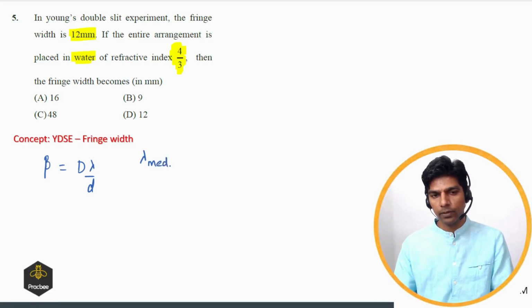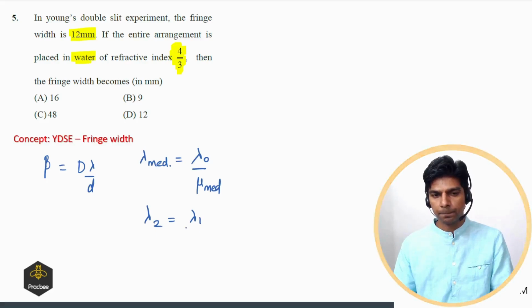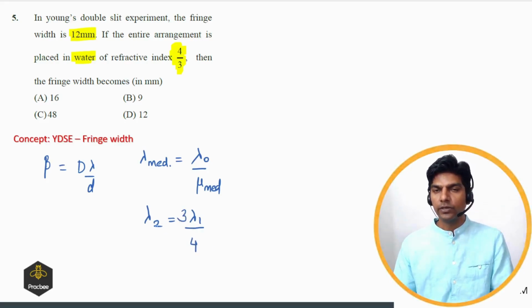So lambda in medium is equal to lambda in vacuum divided by the refractive index of the medium. So the new lambda, let me call this lambda 2, will be equal to lambda 1 divided by the refractive index 4 by 3. Can you see the lambda will decrease by 4 by 3.